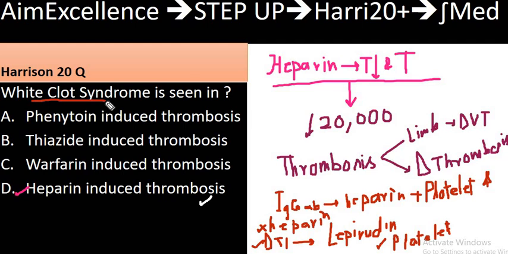So these are the important factors you should be aware of, and how to treat that condition. We have to give a direct thrombin inhibitor like lepirudin, and warfarin is to be given only after the platelet count is back to baseline. So these are the important points you should remember.